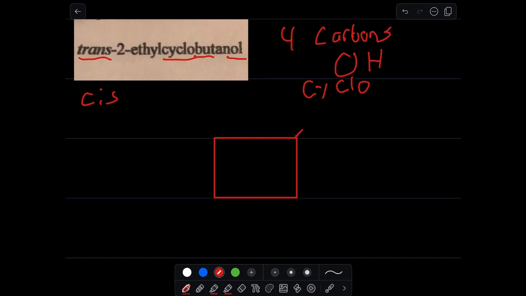So we represent that by drawing a wedge like this, and we put the alcohol group on that. Now, when you see the wedge that's filled in, that means that this alcohol group is closest to you from the perspective of you looking on your paper, on your tablet.